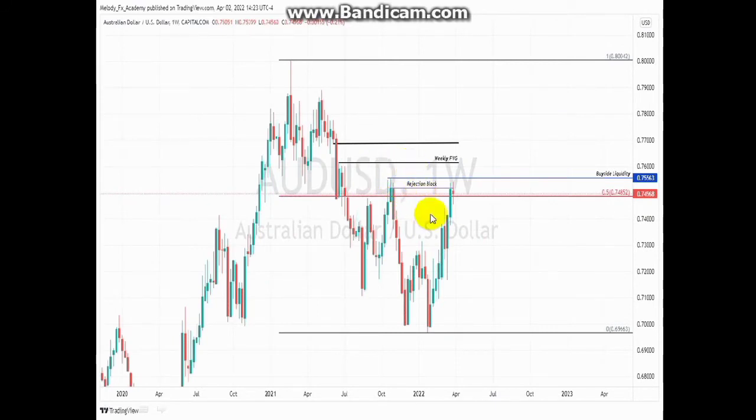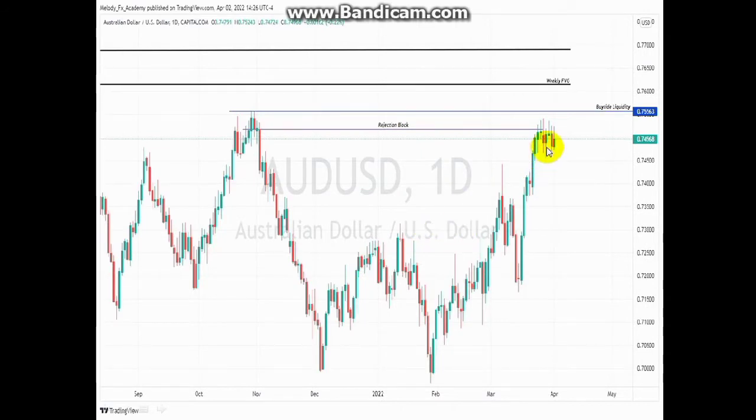We just traded off a rejection block. My bias for this week, since we are still in this very week, was still very bullish, and I was expecting price to go above this liquidity. But as you can see, there was not a lot of movement this week. It was just consolidation throughout, given that this was the last week of March and we are currently in April.